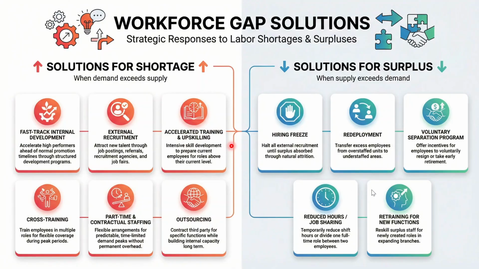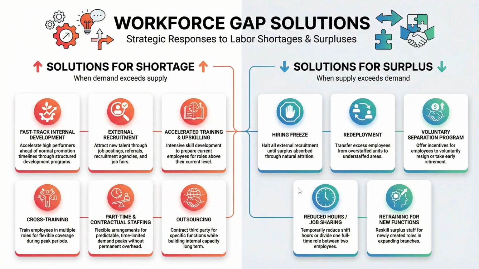Redeployment, you transfer excess employees from overstaffed units to understaffed areas. Voluntary separation program, offer incentives for employees to resign or to take early retirement para ma-reduce yung headcount, pero ginagawa mo pa rin siya in a very humane manner without forcing layoff.